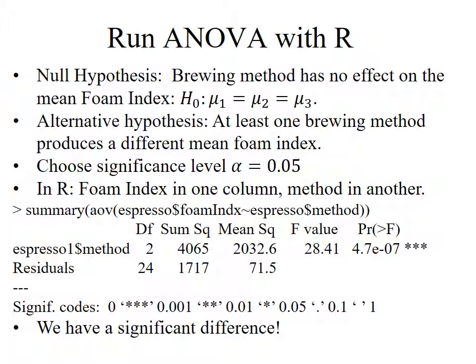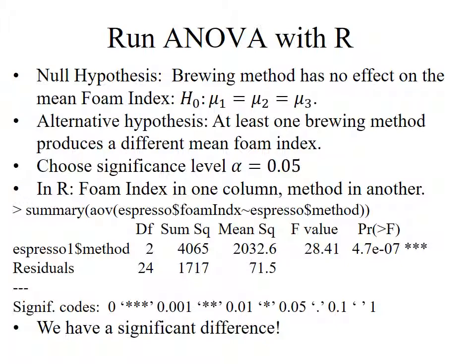And then based on that test statistic, we can compute a p-value, which in this case is 4.7 times 10 to the minus 7, which is really, really small. Notice it puts 3 stars by that, saying it's significant at the 0.001 level. So that means it's very, very significant.